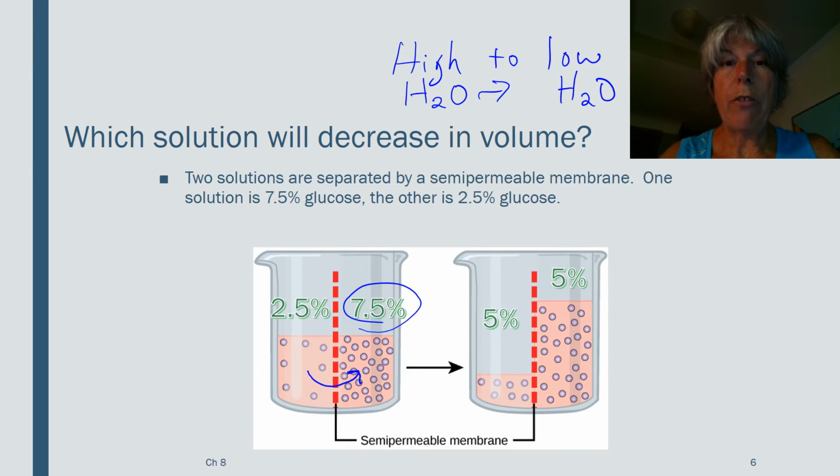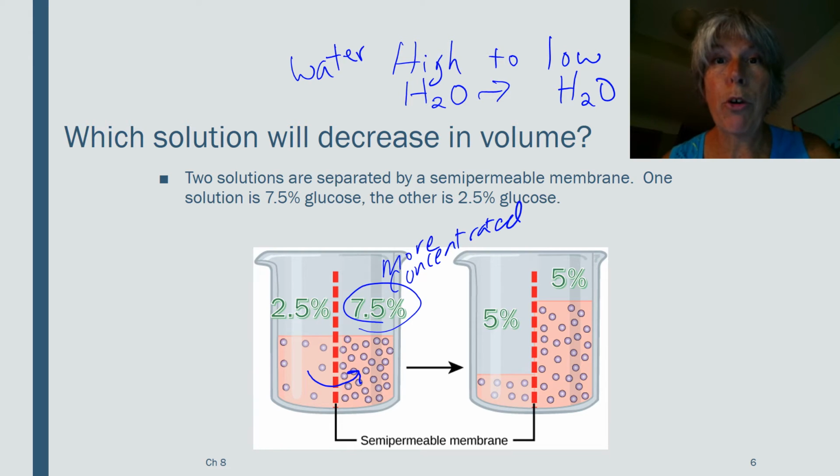The water flows from high to low water volume, but it's actually moving the opposite way if you think about concentrations. So it's moving to where the concentration is more concentrated. So the water flows to the more concentrated side, but that more concentrated side is where there's a lower proportion of water.